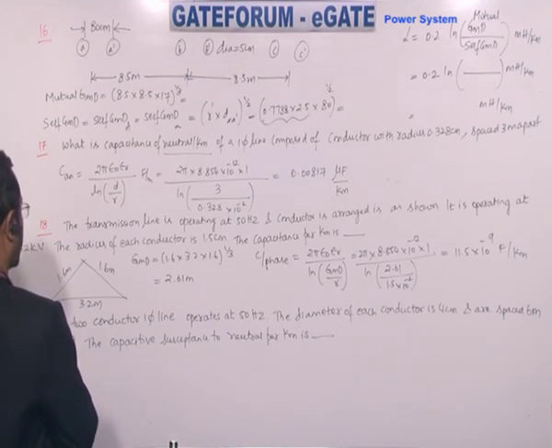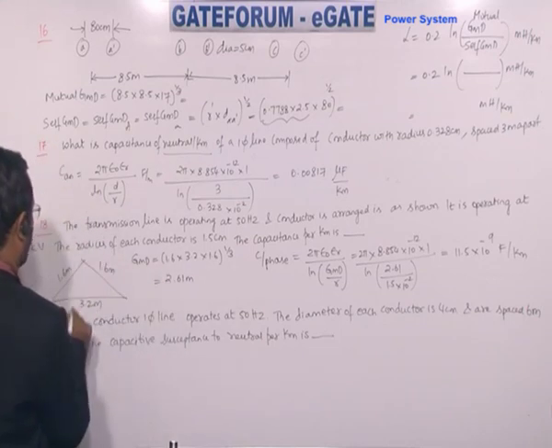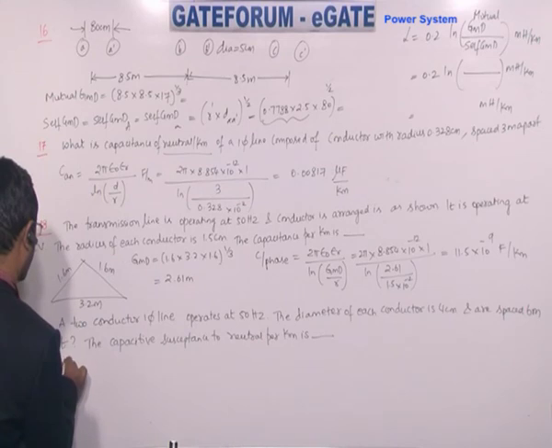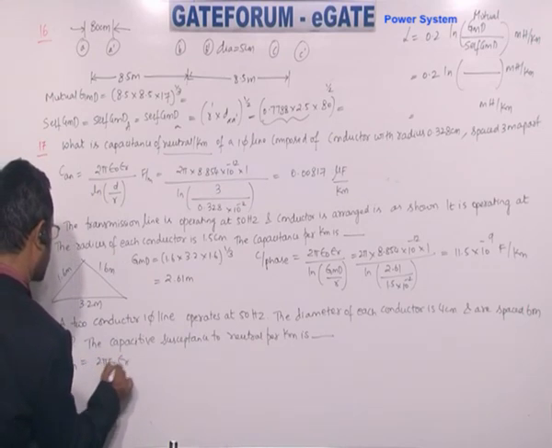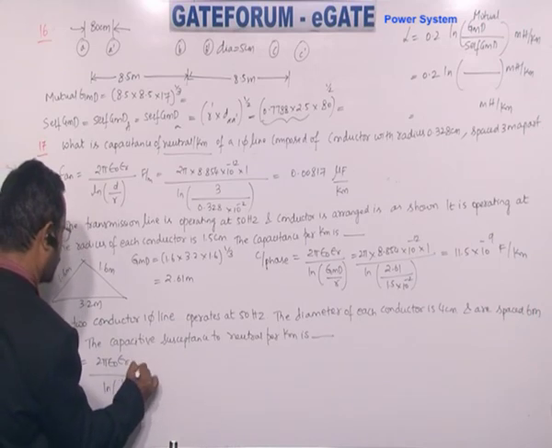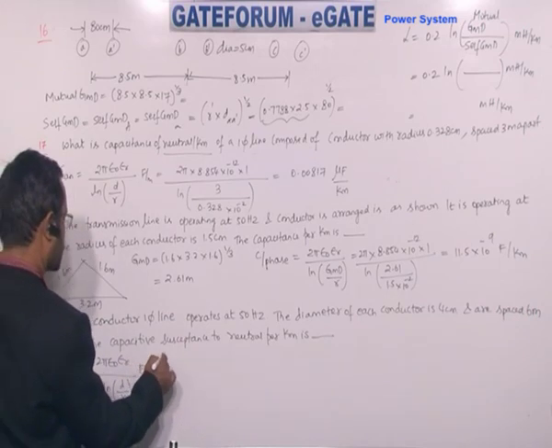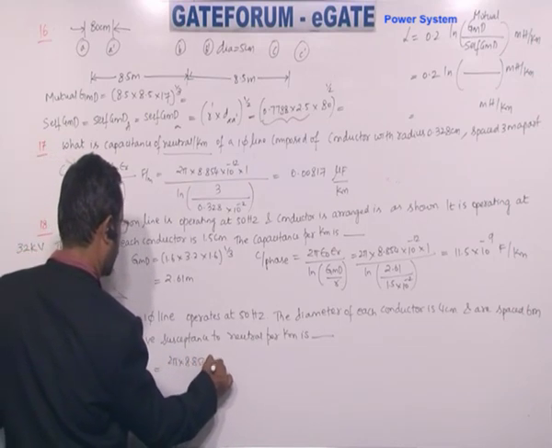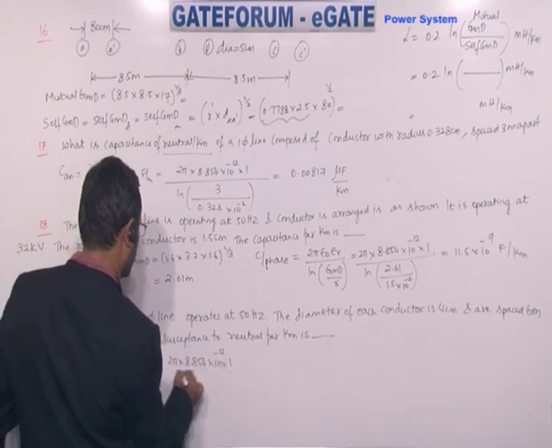So neutral means, again you find out CAN. What is the formula to find CAN? 2 pi epsilon naught epsilon r by natural logarithm of d by r farads per meter. Epsilon naught is 8.854 10 power minus 12.